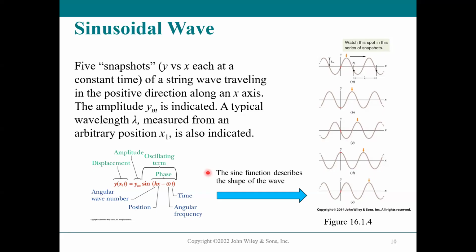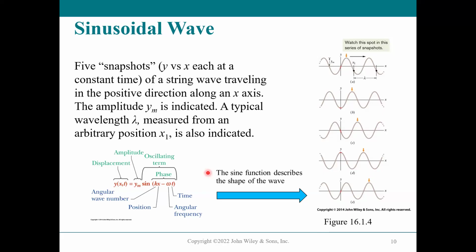Okay, and then k is the angular wave number, or simply wave number. And omega is the angular frequency. x is the position and t is the time.